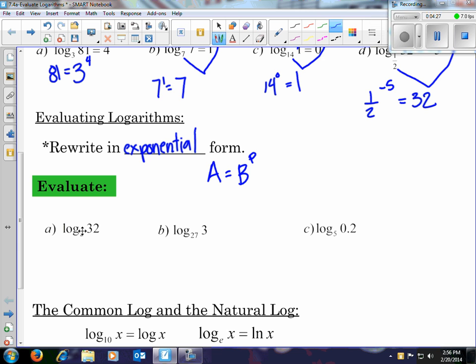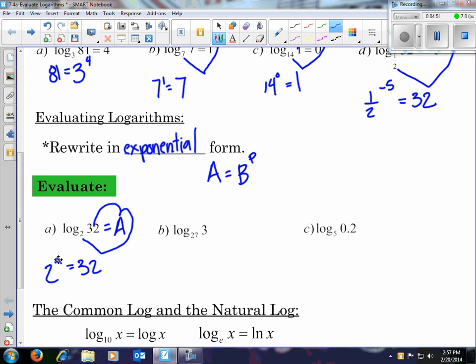So we have our logarithm here. Now, we can set this equal to x or a so that we can solve for our answer. If I do it like this, then I'm going to have 2, and I can draw my little heart like this. So I have 2 to the a is equal to 32.